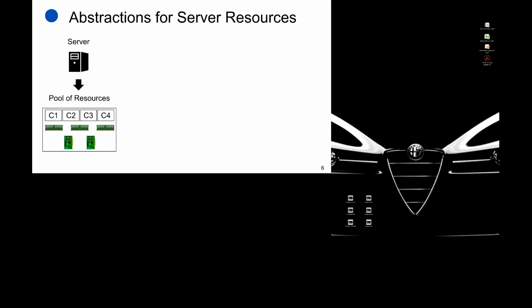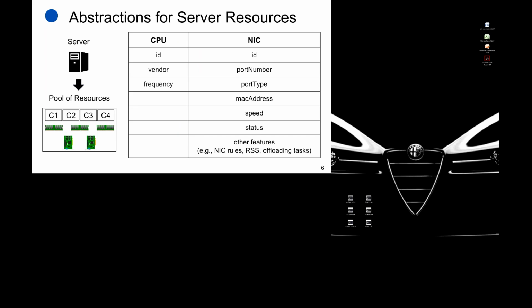The current status of the proposed driver covers two pieces of resources, CPUs and network cards. And in the table that you can see in this slide, there is some basic information that CPUs and network cards can expose to a controller.